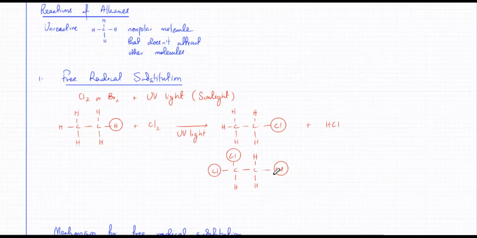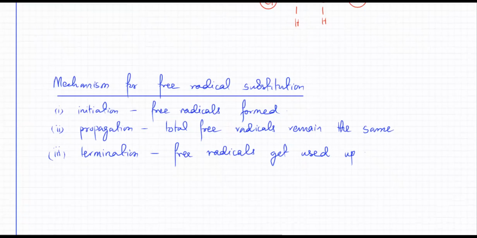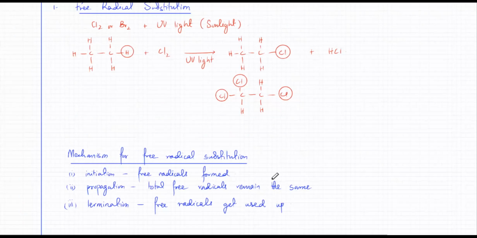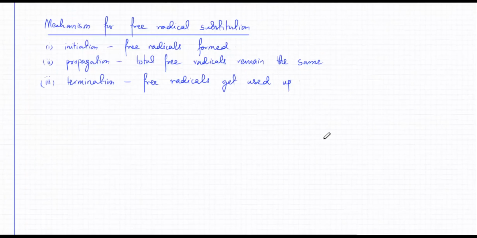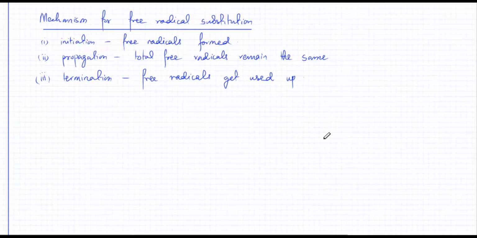Yes, sir. Thank you. So the mechanism of this substitution reaction has 3 steps: initiation, propagation, and termination. We're going to start with initiation. It's the step where free radicals are formed.